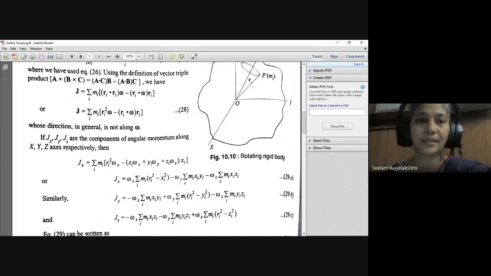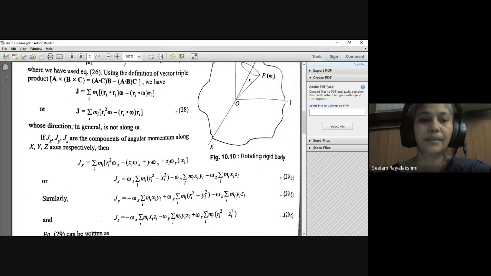Again, we will consider the angular momentum along the y-axis, Jy. Similarly, by multiplying and taking common, we obtain minus omega x sigma i mi xi yi plus omega y sigma i mi (r square minus yi square) minus omega z sigma i mi yi zi.